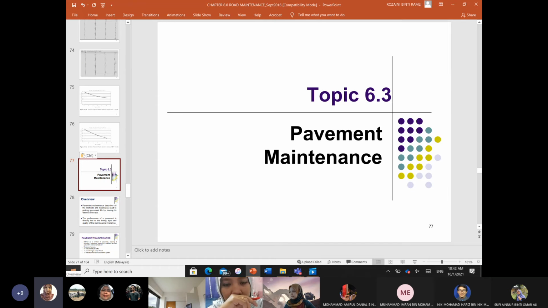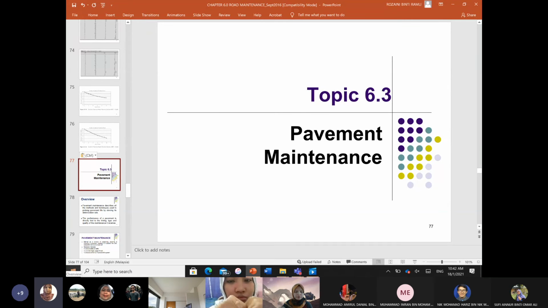If, let's say, the pavement condition is very bad, the cracks are getting worse, they have become potholes, and later they impact the structure, the structural deformation, what should you do?